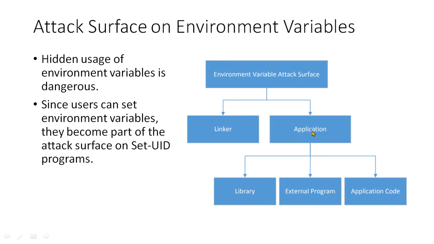And if an application runs another program, that is also a channel that we can exploit. Another case is when an application runs some parts of the application code. This code takes values from environment variables, and if it does, then we can exploit. So these are the four different attack surfaces that we are going to take a look at today.